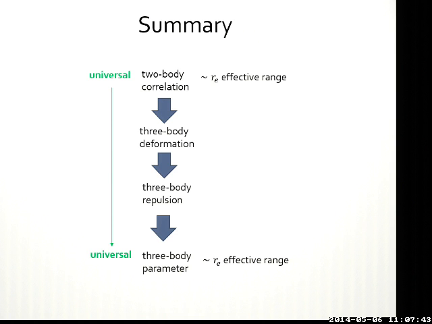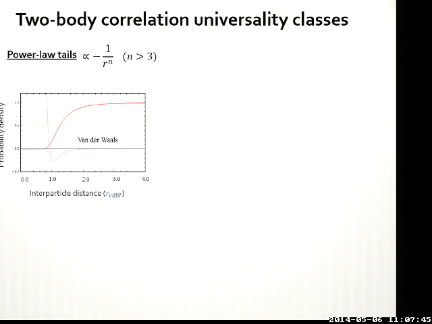That's the case in general for interactions decaying as a power law, 1 over r to the n. Here this is for the case n equals 6, so van der Waals. This is a Lennard-Jones potential with only one S-wave bound state. But this is very similar to, say, the interaction between helium atoms.